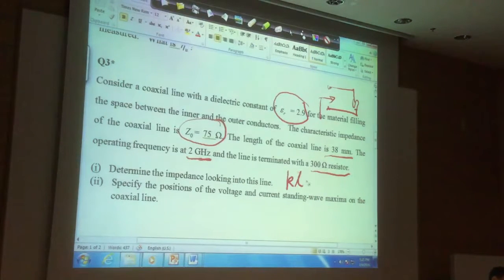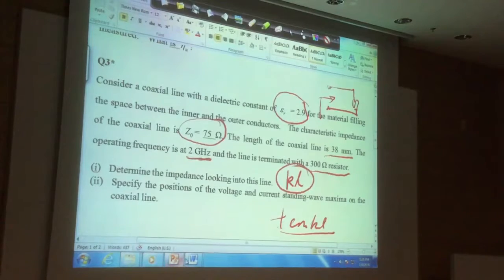It is the electrical length. So then tangent kL, right, in the equation. kL is the electrical length. Then you can set the tangent kL equation. You can easily calculate this.